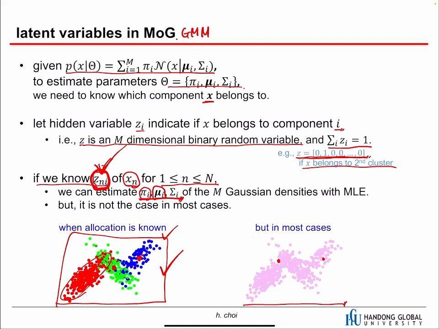We have no idea about what kind of shape and what kind of relationship there is between the clusters and samples. But basically we assume that these clusters can be approximately modeled by a Gaussian, and we can use a mixture of Gaussians to model these samples. That's the starting point.